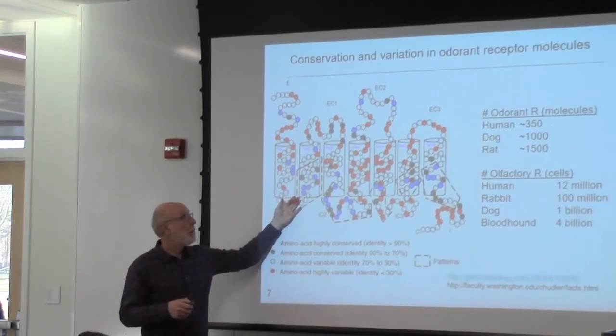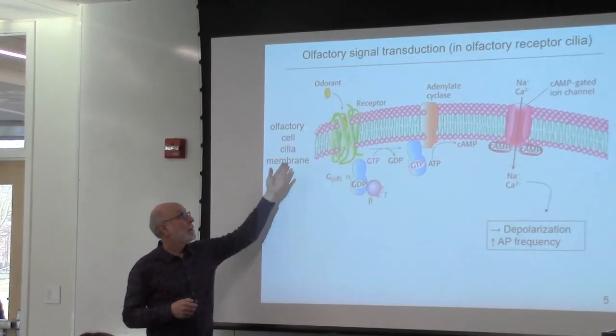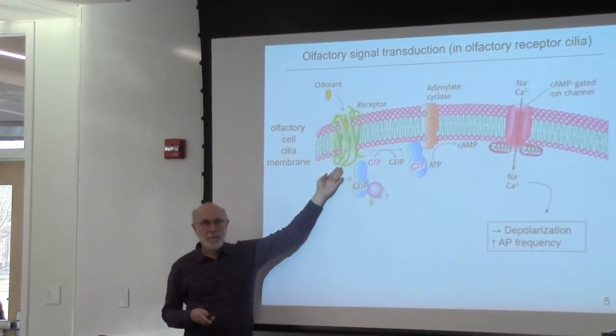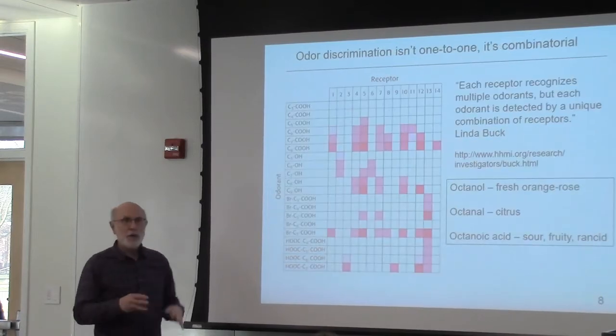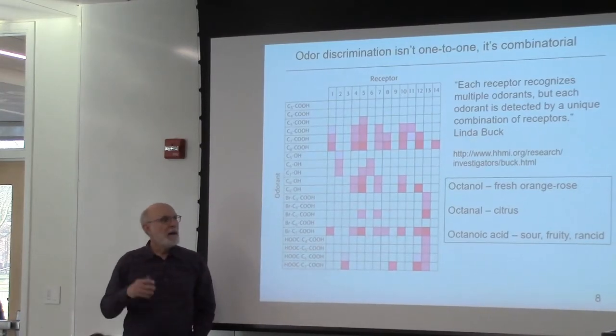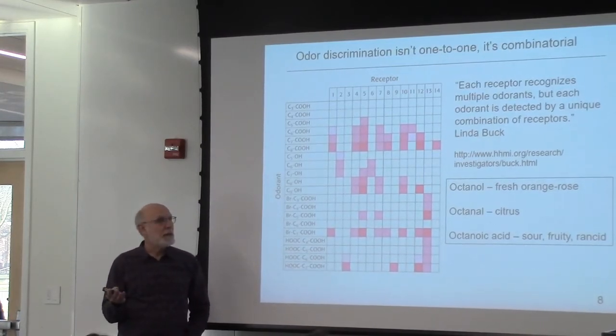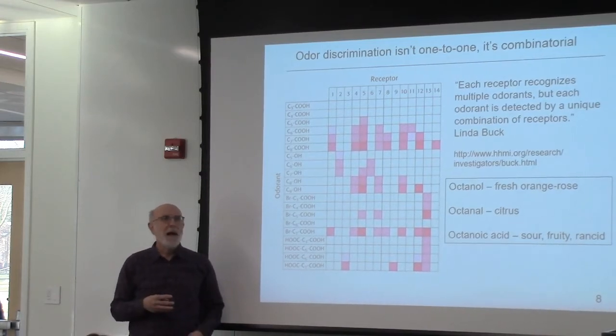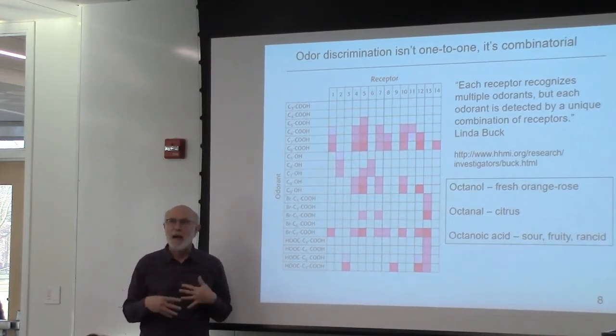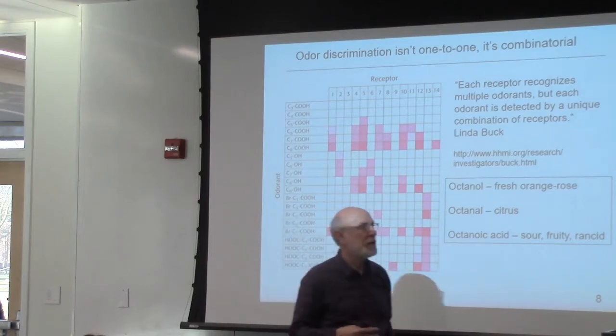They all follow this pathway. So you're probably confused now. If we only express 350 receptors, and we can detect, let's say, 10,000 odorants, how do we do that? How do we detect 10,000 odorants with 350 receptors?